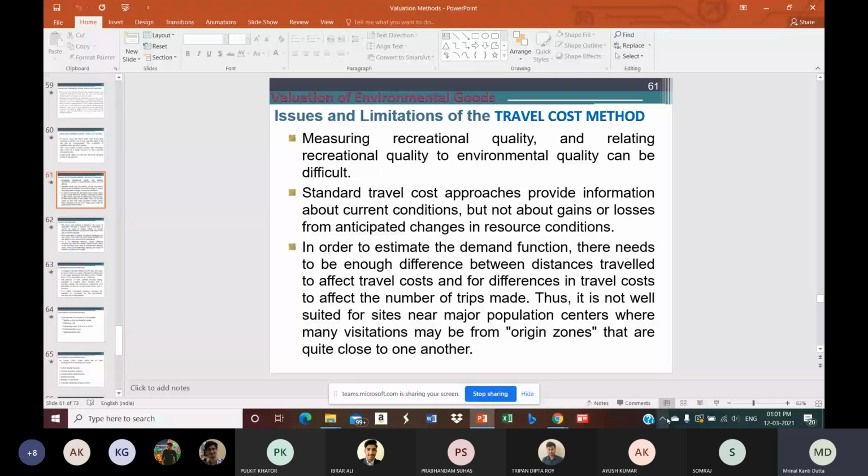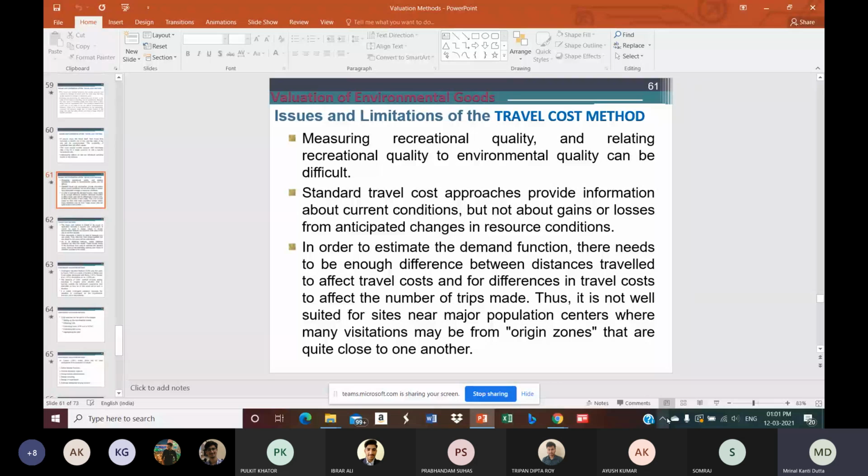So in those cases, probably one method of valuation may not be sufficient. There might be a combination of non-market valuation techniques and other tactics which can be directly used for certain activities. So they may have to be combined. For example, the travel cost method might be combined with a contingent valuation method like willingness to pay.